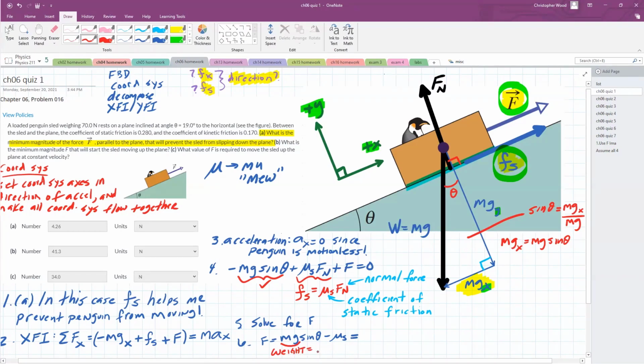And the problem says the weight is 70 newtons. I've got to fix this little typo here. This should be mu sub s, and just when you think we were clear, we're not done, because now I have a giant F sub n. And what's F sub n? F sub n is unknown at this point.